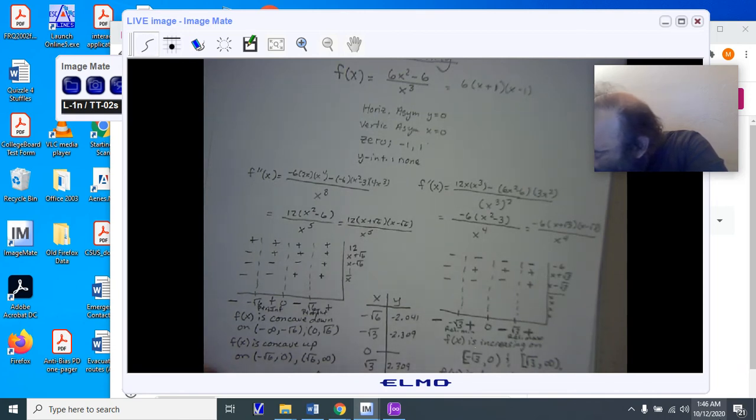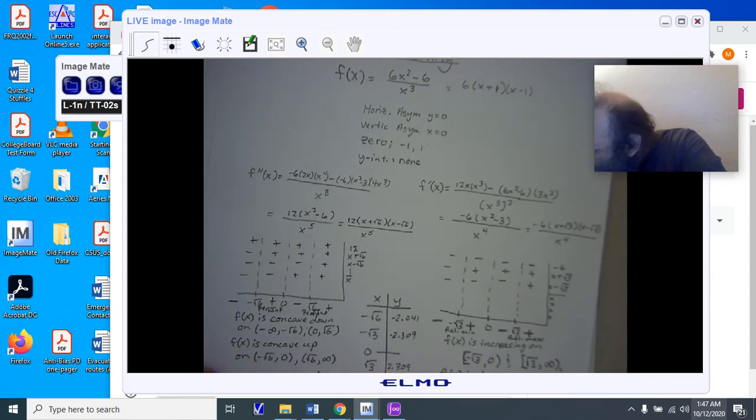Now I want to plot these points. All of these points that we found on our graph. This one is 1, 0. We have √3, 2.309, √6, 2.041. Don't forget y equaling 0 here.